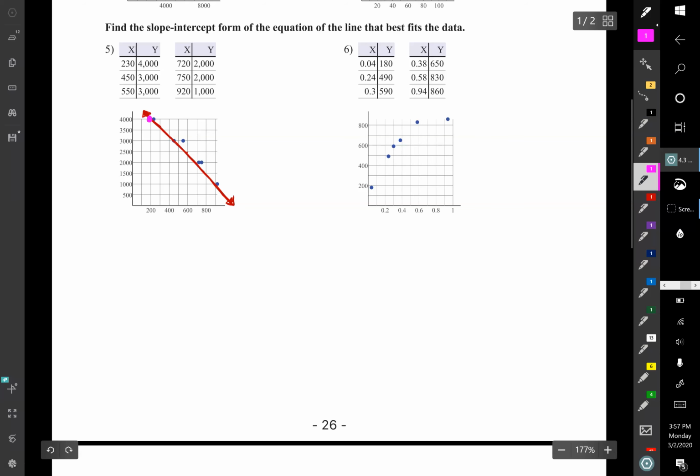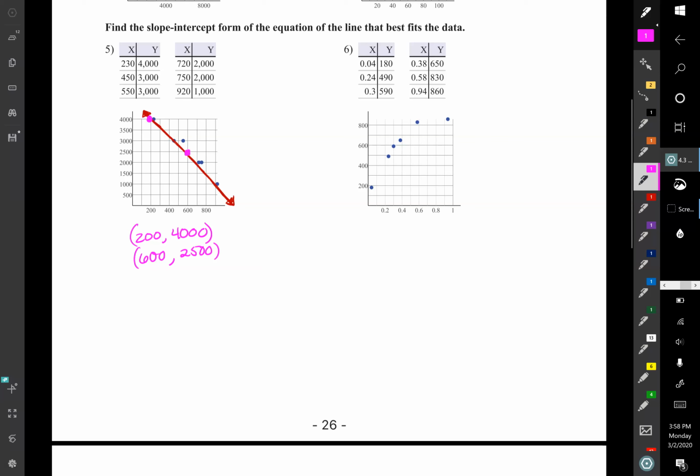So I have this one here that falls on my line, so I'm going to pick 200, 4,000, and then my other point I'm going to pick 600, 2,500. You can just find the difference in your y's, the difference in your x's, and divide them.